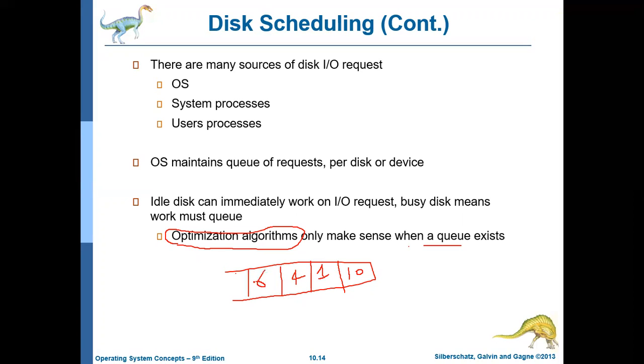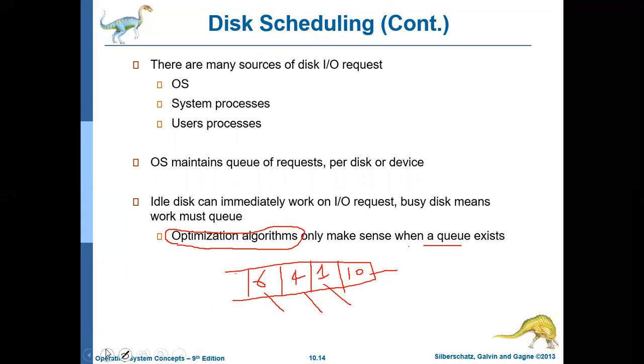It is the job of the disk scheduling algorithm to decide in what order these should be accessed. It is not that always first 10 will be accessed, then 1, then 4, next 6. The disk scheduling algorithm will decide in which order the service will be satisfied. That is what we are going to discuss in this topic.